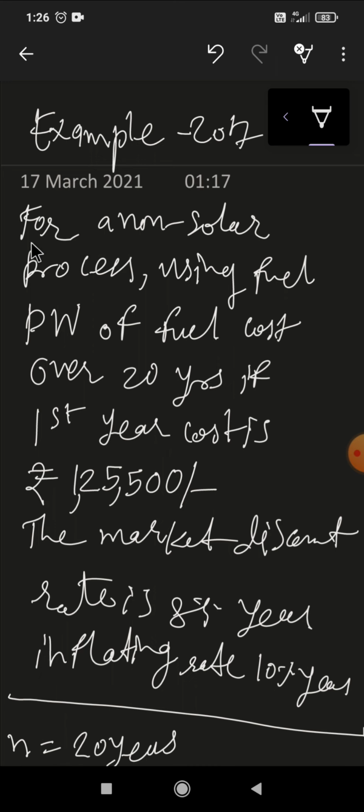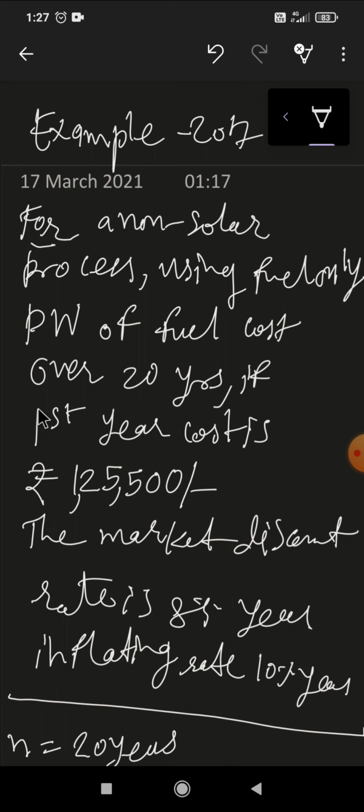So, for a non solar process using fuel only, the present worth of the fuel cost over 20 years, if the first year cost is 1,25,500, the market discount rate is 8% and inflation rate is 10%.